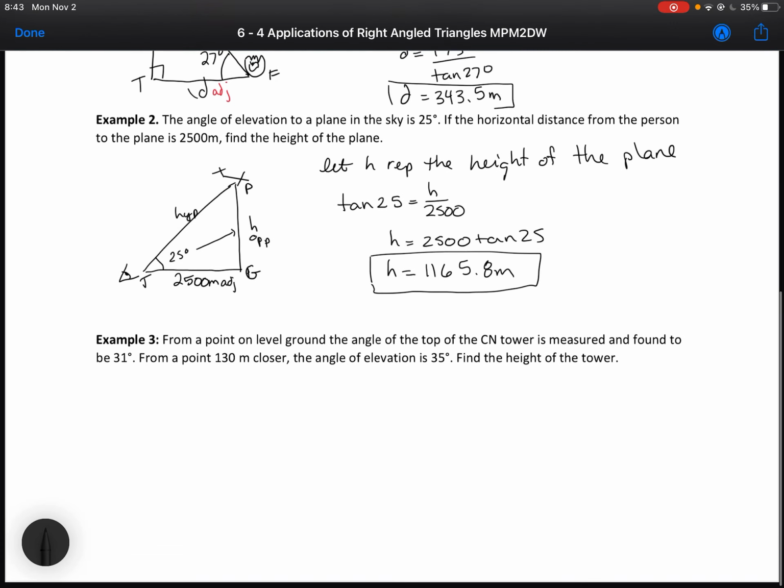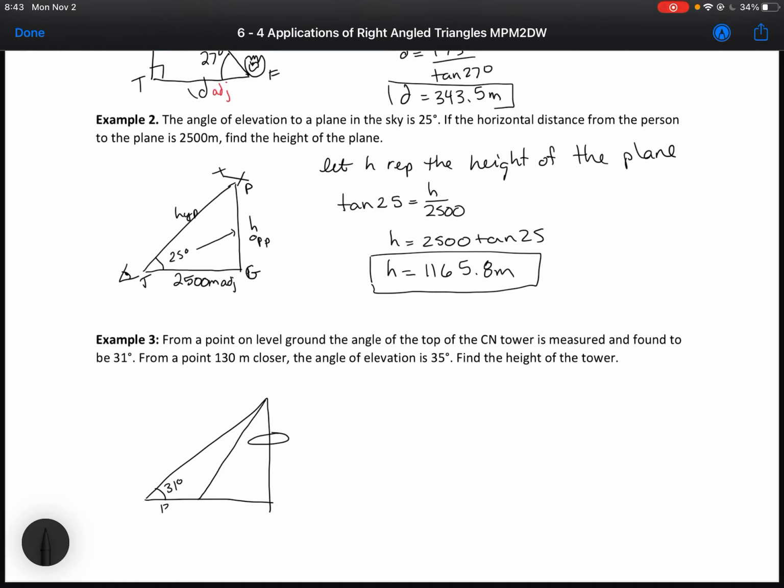Our last example in this video deals with two right-angled triangles. From a point on level ground, the angle of the top of the CN Tower is measured and found to be 31 degrees. So I've got my CN Tower here, and I'm going to measure that angle, and it's 31 degrees.